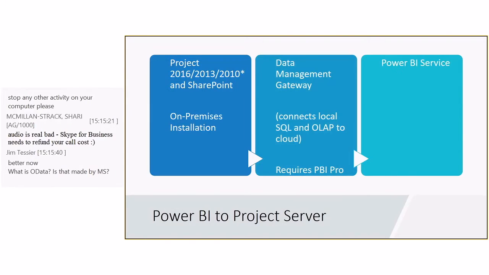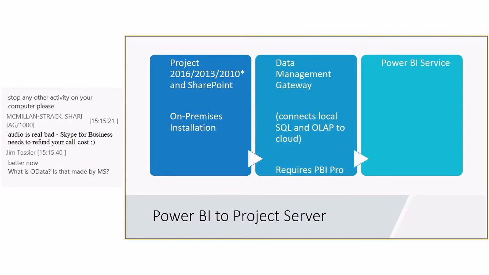If I'm going against Project Server, where I have an on-premise instance, or I have an instance maybe that's being hosted in the cloud or in a private cloud somewhere, then I will be using something called the Data Management Gateway. And the Data Management Gateway just simply creates a connection between the Azure Service Bus, which is the endpoint for PowerBI.com, through port 443 usually, so HTTPS, and then connecting to your local data.